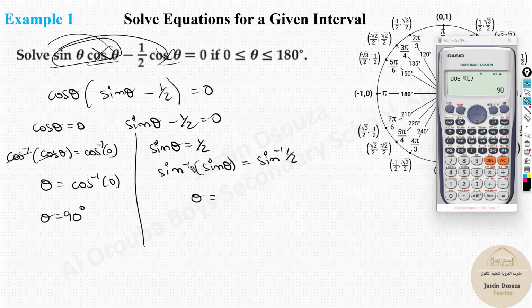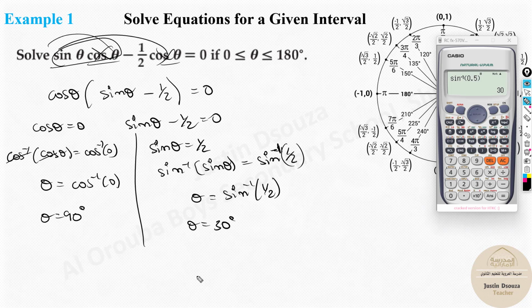Theta will be equal to directly sine inverse of half. This is the bracket half, this is sine inverse. Now what is theta? Let me do sine inverse of 0.5 or half. It's 30 degrees. Okay, let me write 30.